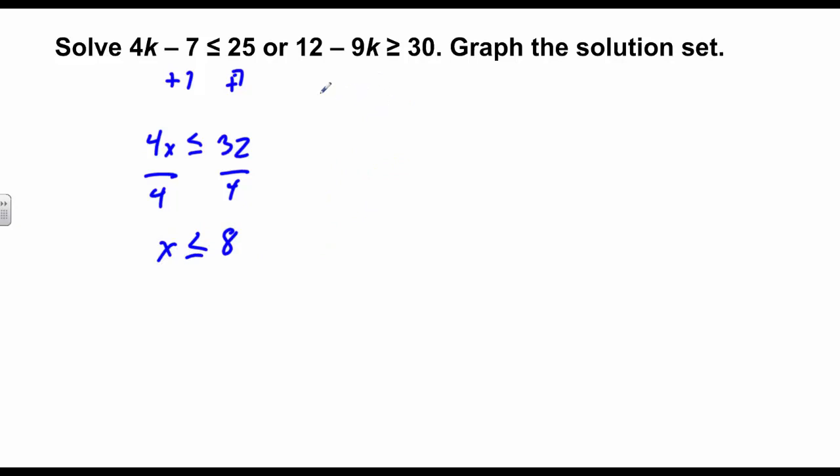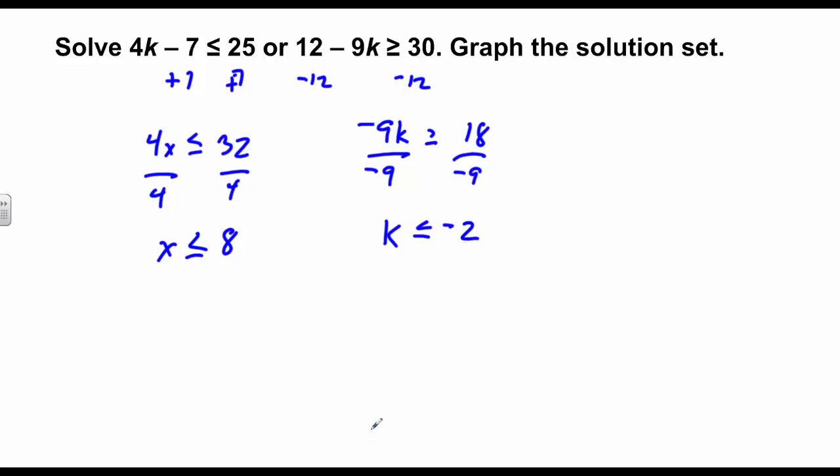And then for the second, subtracting 12x from both sides, I get negative 9x is greater than or equal to 18. Divide by negative 9 on both sides.